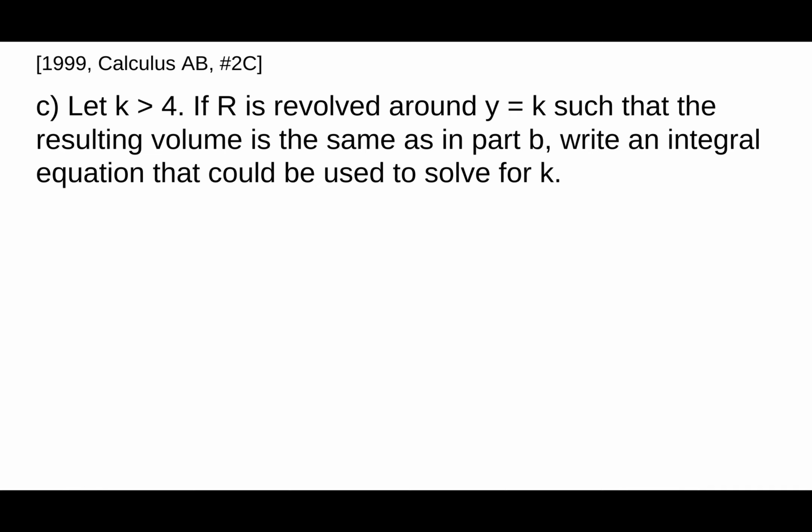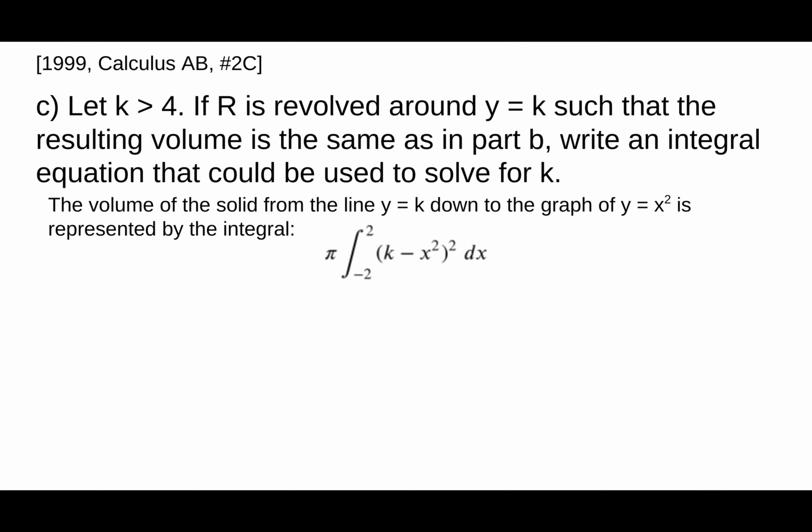So one of the things we can do is, well, what would the volume be if I just revolved all of that region all the way up to k around the line y equals k, and then, since k is greater than 4, there's like a disk in the middle that I would have to take out. All right, that's two fairly simple integrals. So the volume of the solid, if we just ignore the fact that we're not going all the way up to k, we're only going up to 4.